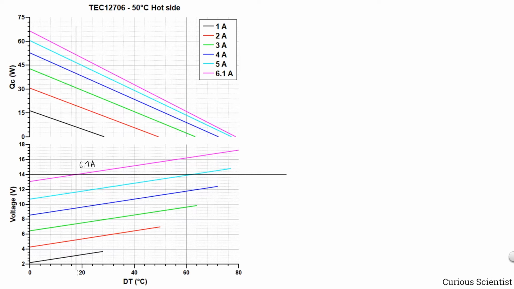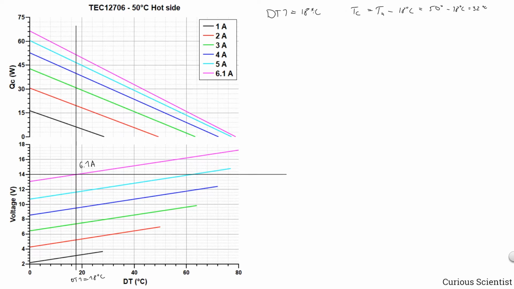And if we check the DT, then the DT1, let's call it DT1, is roughly 18 degrees Celsius. So what we see here immediately, let me write this down. DT1 is 18 degrees Celsius. So this is the difference between the hot side and the cold side. So in the ideal case now, the cold side is TH minus 18, which means 50 degrees minus 18 degrees, so 32 degrees.